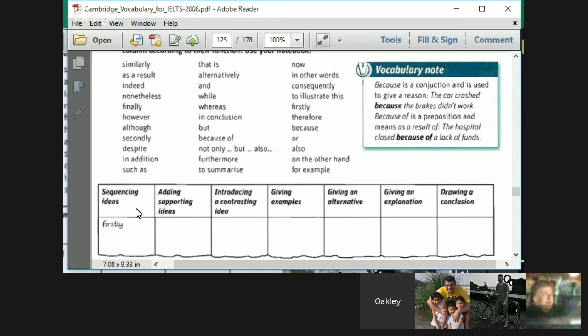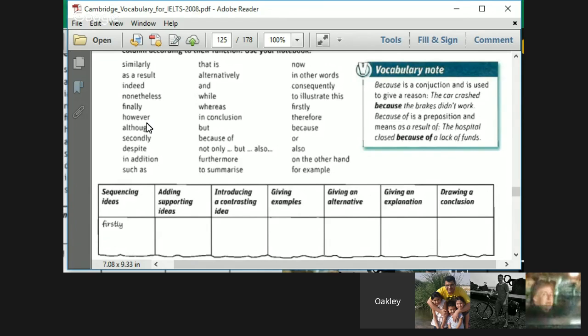You're reading a recipe, how to make an omelet. Finally, garnish the omelet with chopped onions, whatever. Okay, last step. Sequencing ideas, either in an actual procedure or to introduce ideas supporting an opinion. Either way, sequencing.